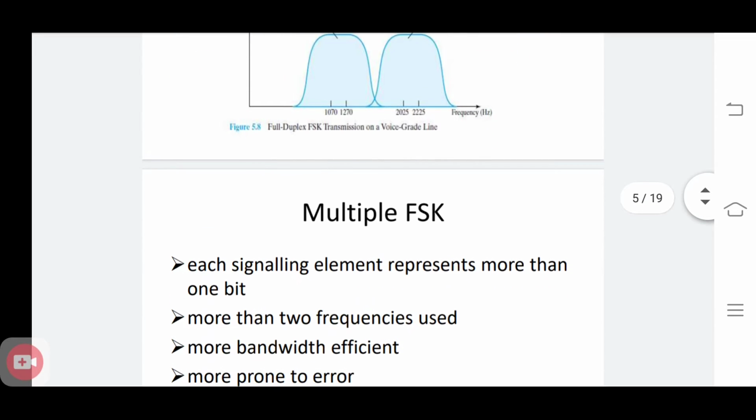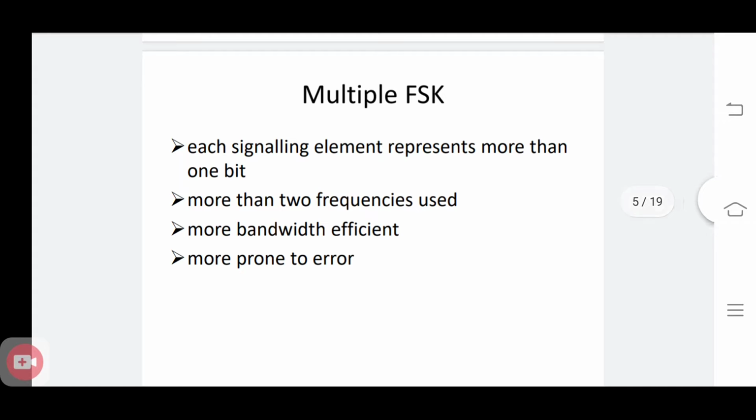The next variation of frequency shift keying is multiple FSK. The name itself shows that it is multiple frequency shift keying. So more than two frequencies are used. Also, each signaling element can represent more than one bit. That is why it is known as multiple FSK.